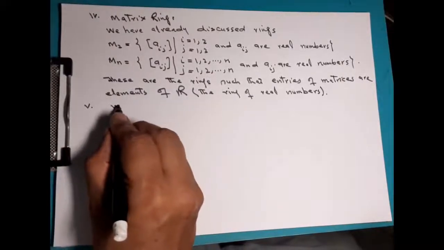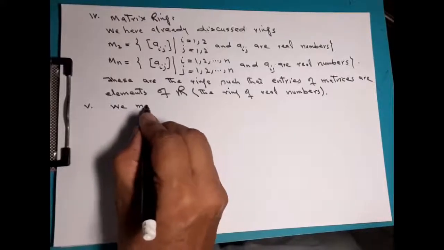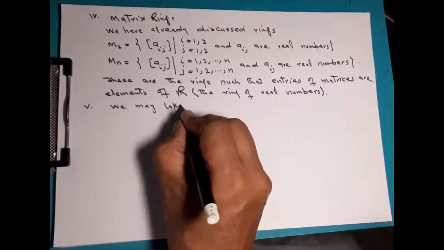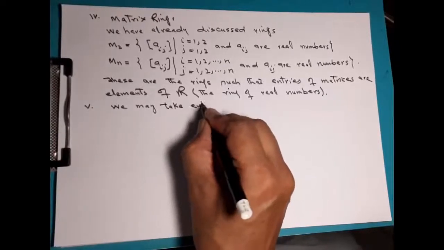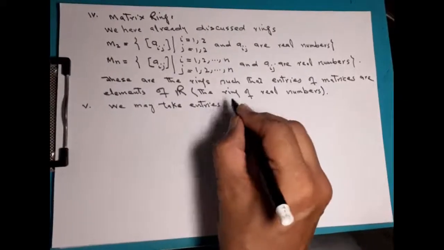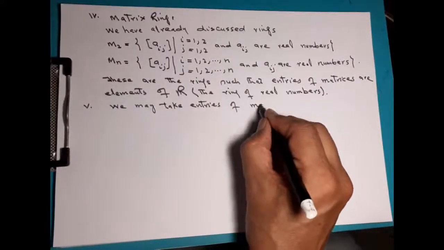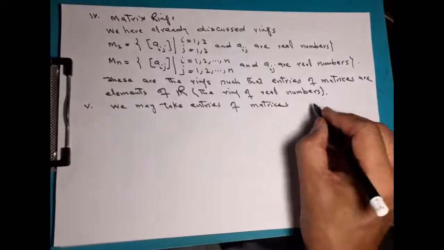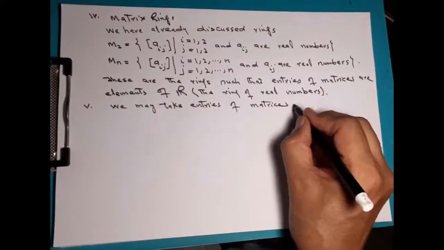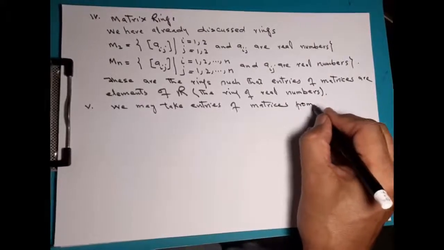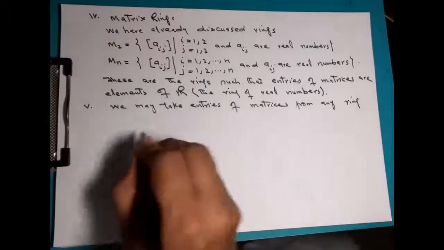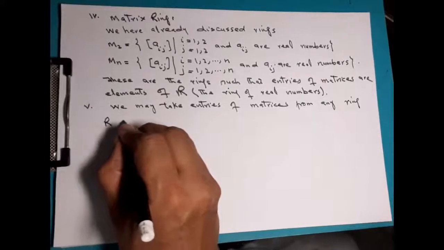So we may take entries of matrices from any ring R with identity.